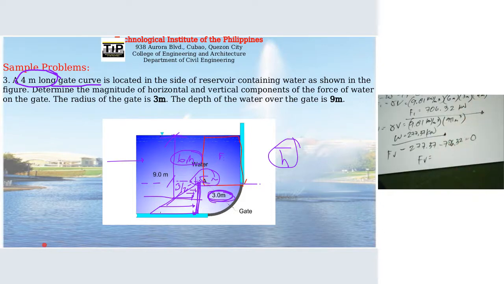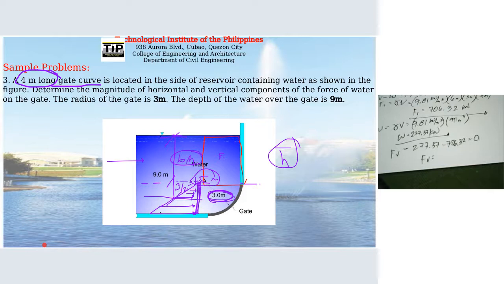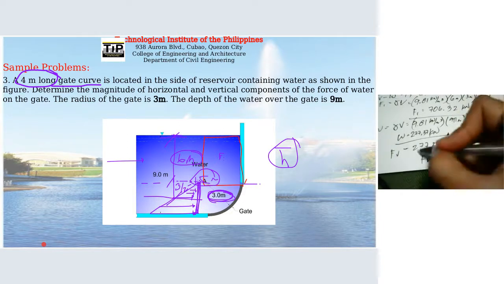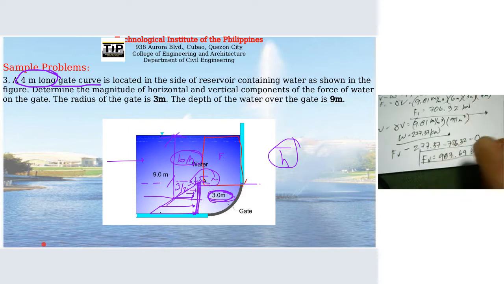Therefore, F sub B is equal to what? 983.69 kilonewtons.